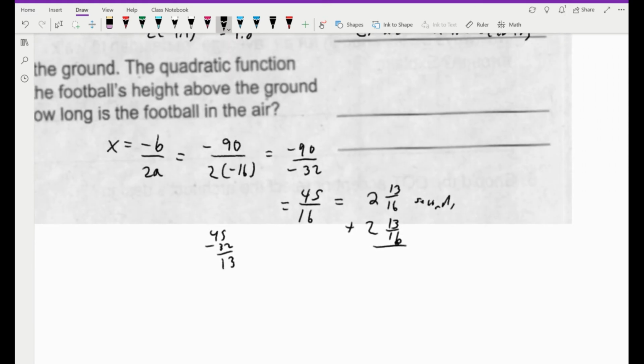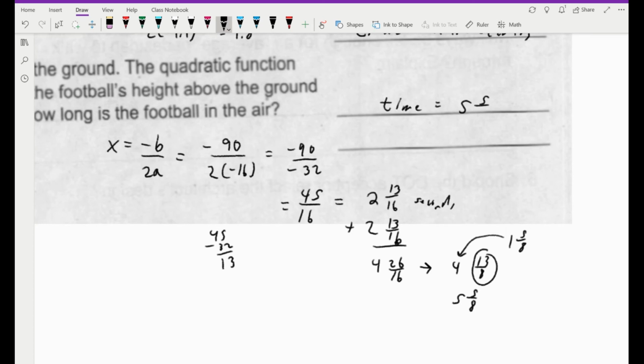When we add these times, we're going to get 4 and 26 over 16, which could be reduced to 4 and 13/8. Of course, 13/8 is an improper fraction. That is just 1 and 5/8. So we'll add the 1 to the 4 to get 5 and 5/8 seconds. So the time would be 5 and 5/8 seconds.